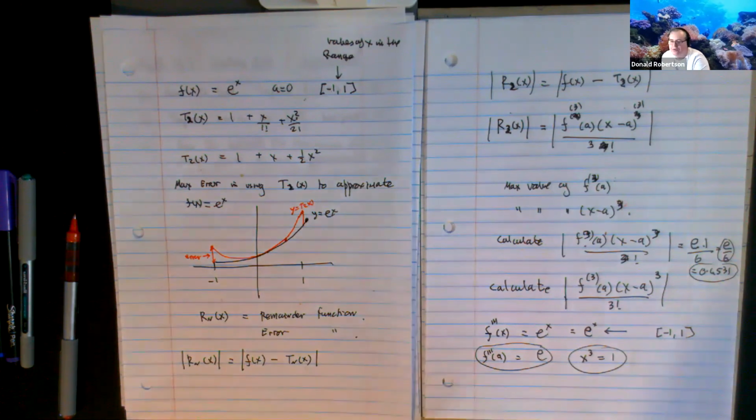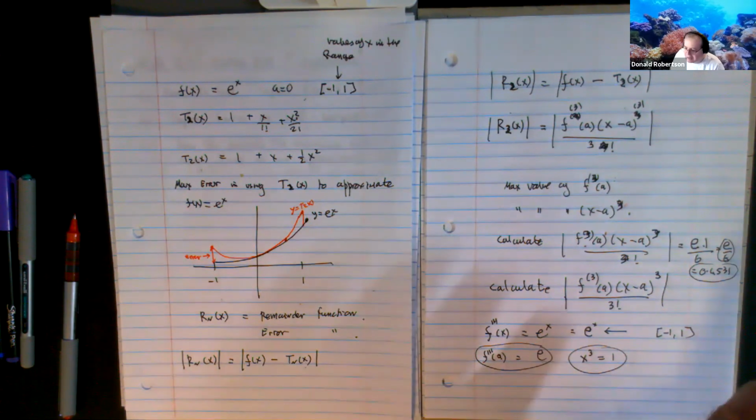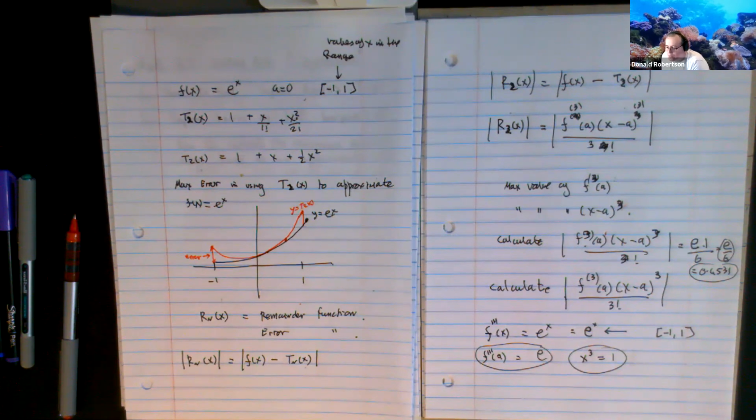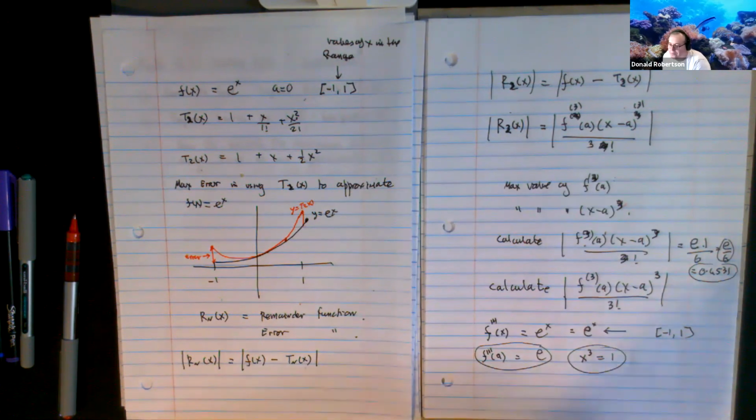Oh, I've got this ugly function, and I'm going to use T5 of x to approximate it, and I'm only going to use values of x between negative pi and pi. What's the worst case scenario? What's the worst error I would get? And that's what we're calculating here, the maximum error.